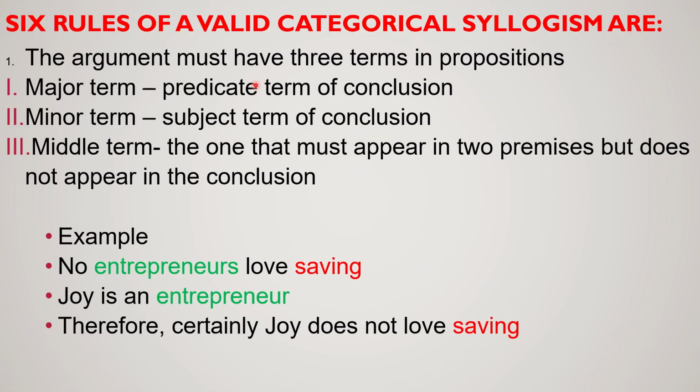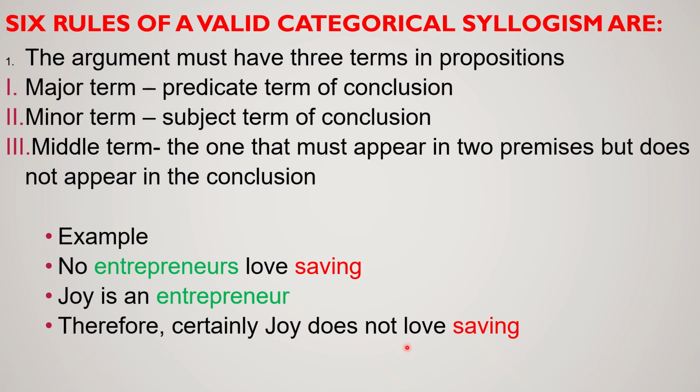The 6 rules of a valid categorical syllogism include: number 1, the argument must have 3 terms in the propositions. When we talk about the 3 terms, they are the major term, minor term, and the middle term. For example, let us look at this example here. No entrepreneur has saving. Joy is an entrepreneur.